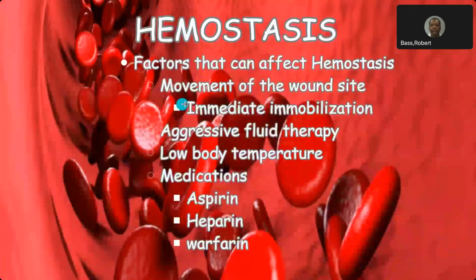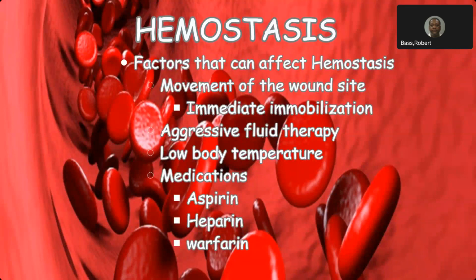This is why it's so important: after you perform that primary assessment, you move into your rapid trauma assessment and you try to identify whether there's a femur fracture or a pelvic fracture, and we want to splint these areas as soon as possible. With a femur fracture, you can lose up to 1,500 milliliters of blood.